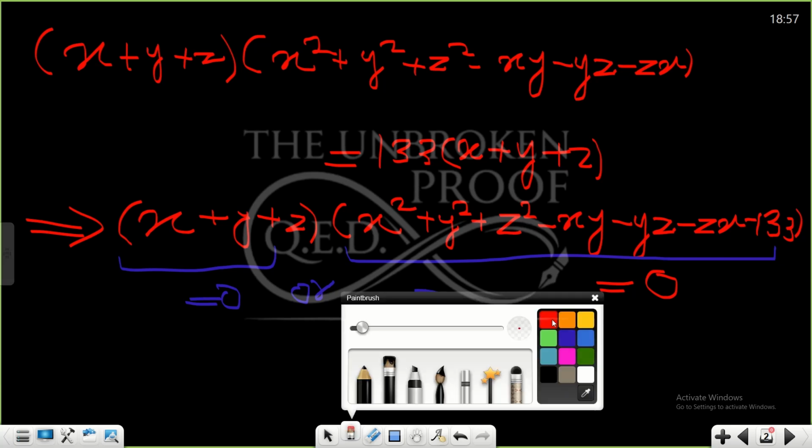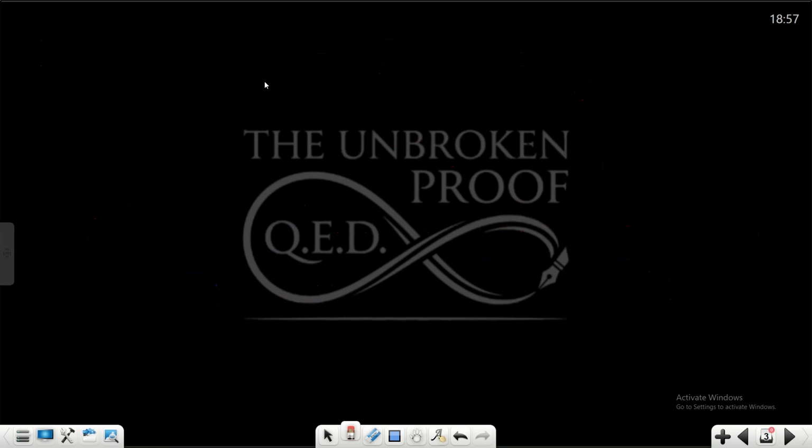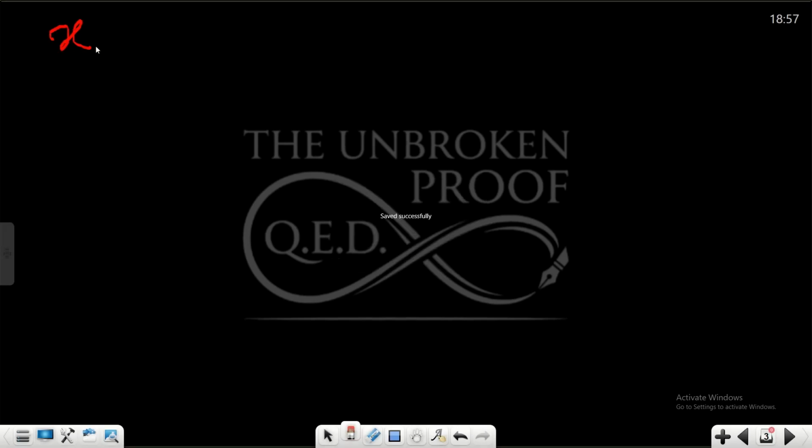Now let us see if the first term being 0 is possible or not. So if you see, x plus y plus z cannot be 0 because x, y and z indicate the sides of a triangle, which cannot be negative.